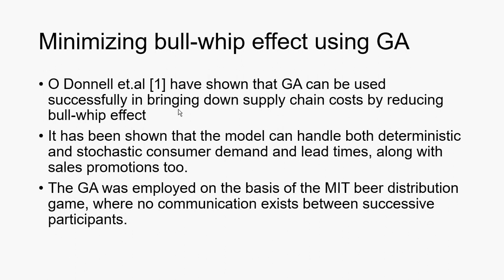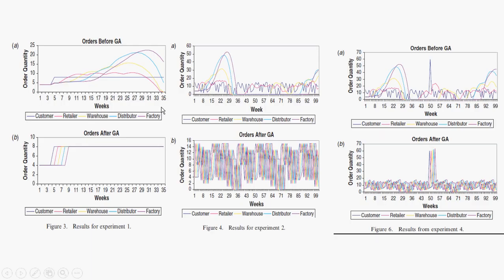The special case of sales promotion has also been handled by the GA, and this model has been developed on the basis of the MIT beer distribution game, where no communication exists between the stakeholders. So these are the different examples where the GA has been used successfully. The first case is of deterministic consumer demand and lead time.